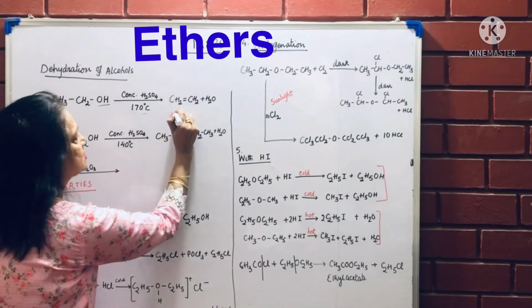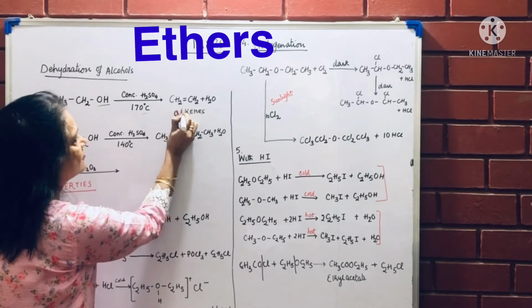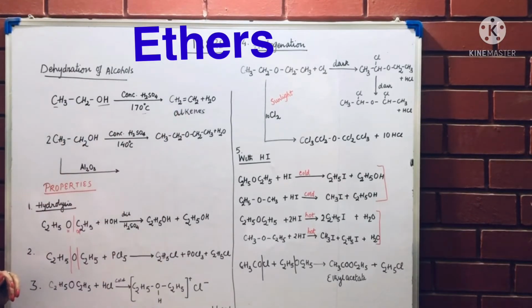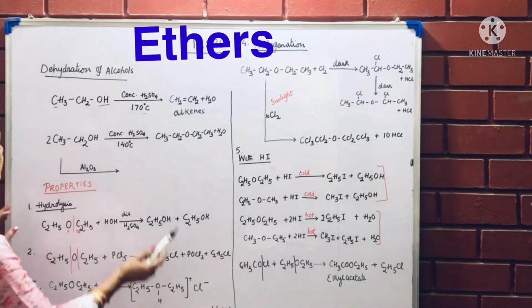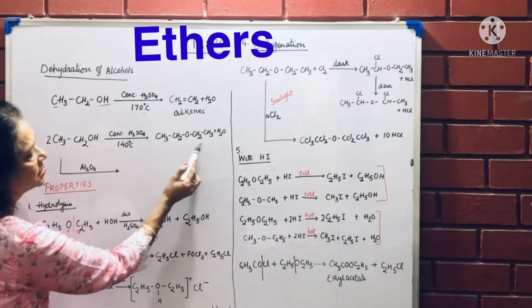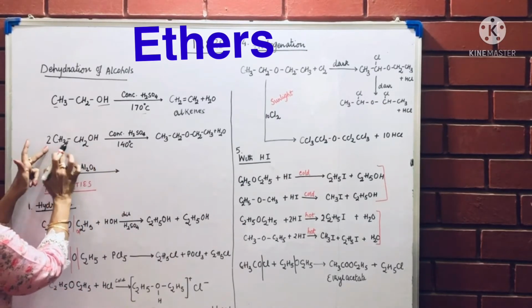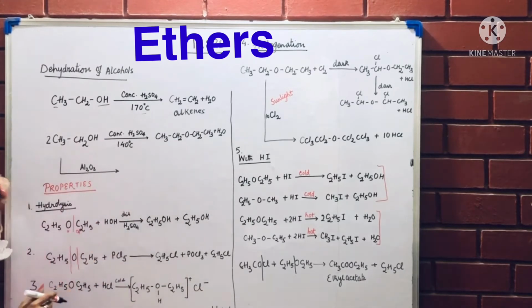So alkenes are formed. If I use a temperature of 170, then alkenes are formed. But if I use the temperature of 140 degrees centigrade, then two molecules of alcohol change into ether. So CH3CH2OCH2CH3 and water.